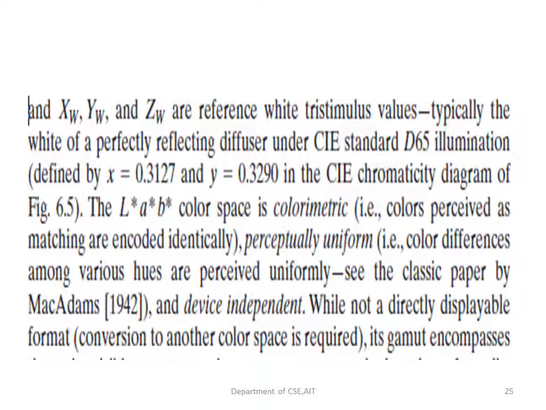The device can be one monitor or another monitor, and it will be the same for both. While not a directly displayable format, its gamut encompasses the entire visible spectrum, and it can represent all the colors of a display, print or input device.